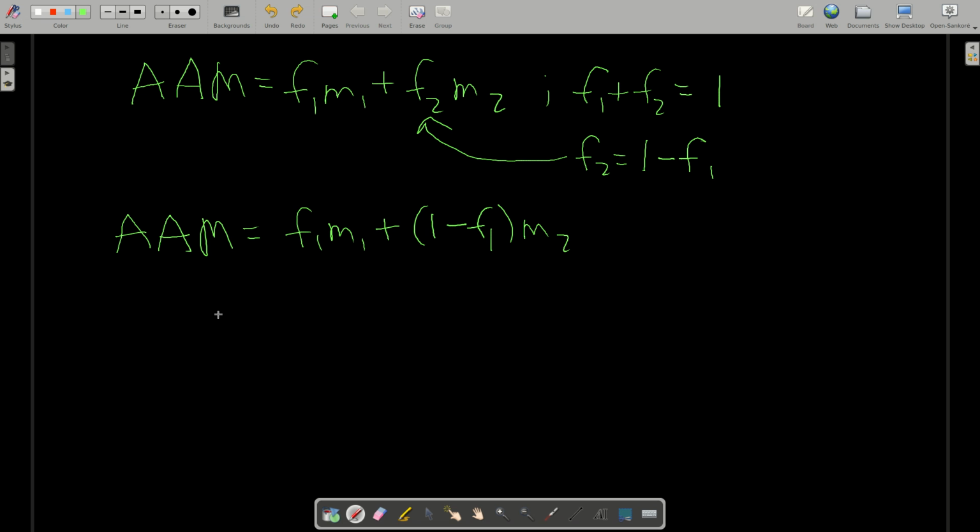So let's do the algebra. First, I'll distribute the M2 inside the parentheses. Next, I'll collect like terms. I'll put this over here.